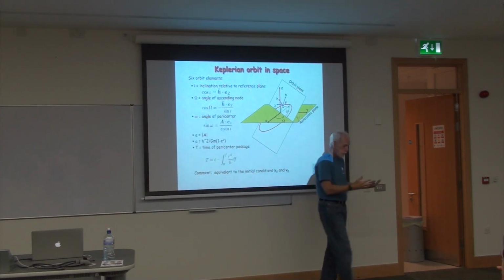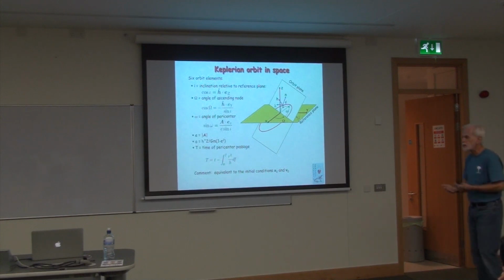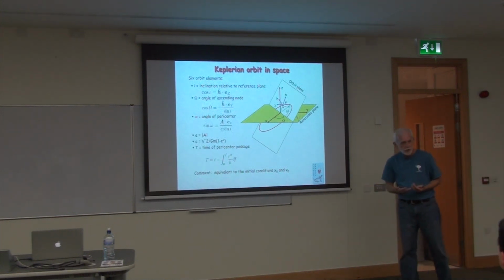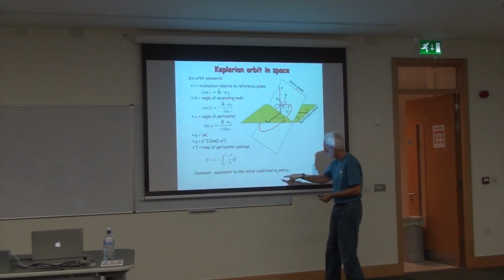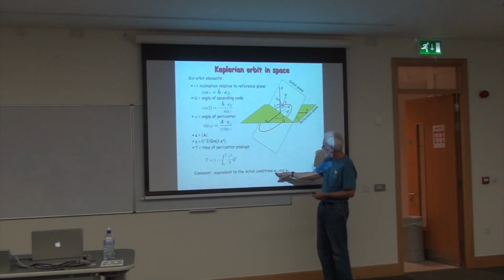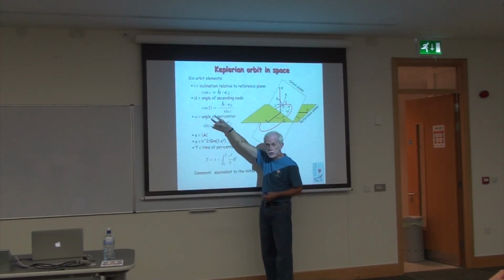So, in fact, there's a way to transform from one to the other. You can even be fancier in using things like canonical transformations from Hamiltonian and Jacobi theory. You can make very formal and fancy ways of discussing how to relate the 6 initial conditions to the 6 constants of the motion.